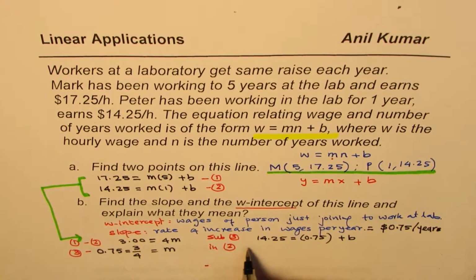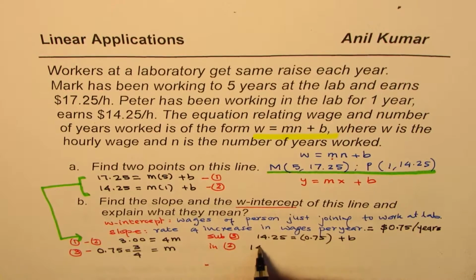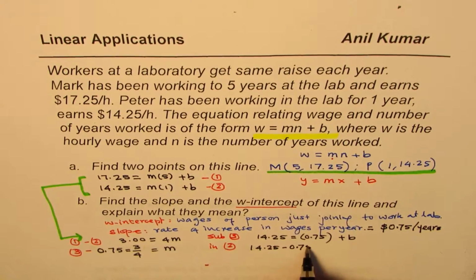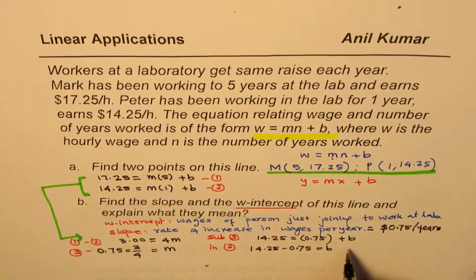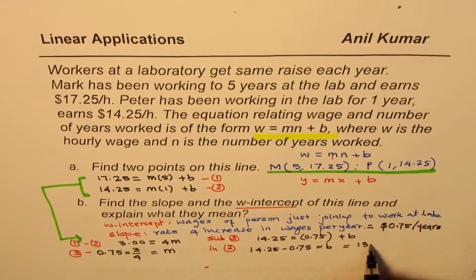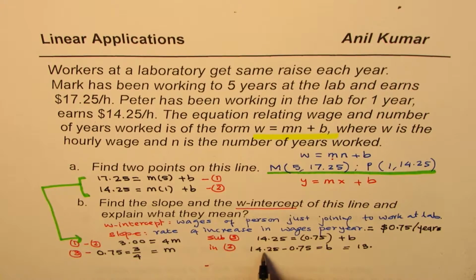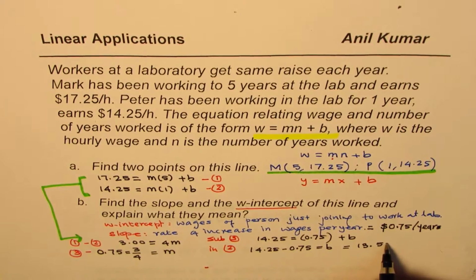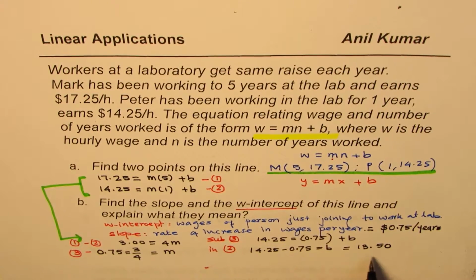Rearranging, b equals 14.25 minus 0.75. You can always use the calculator, and from here we get 13.50. So b is $13.50.